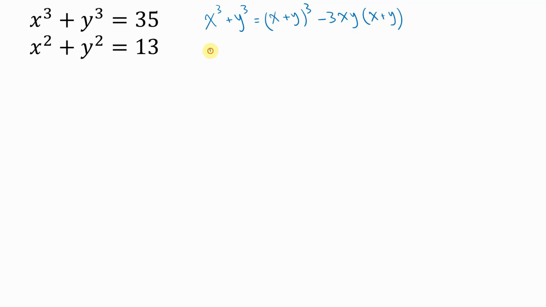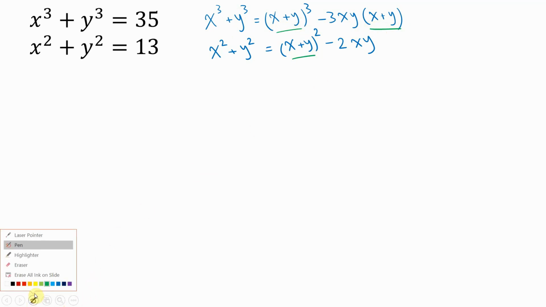And another important formula, x squared plus y squared is equal to x plus y to the power of 2 minus 2xy. As you can see, I rewrite these equations in terms of x plus y and xy. Just these ones: x plus y, x plus y, x plus y, and the other one is just xy.